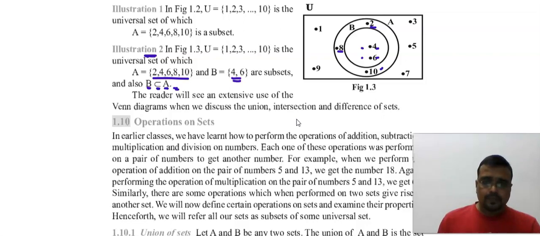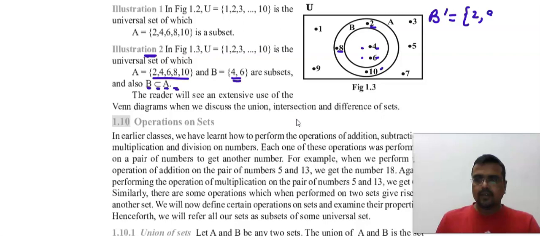So here, if I ask what is B complement, those are the elements which are not in B. Not in B means everything outside the circle B would be the B complement, like 2, 8, 10, 1, 9, 3, 5, 7, right?